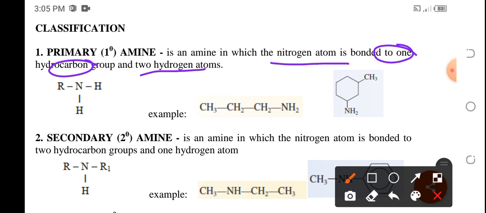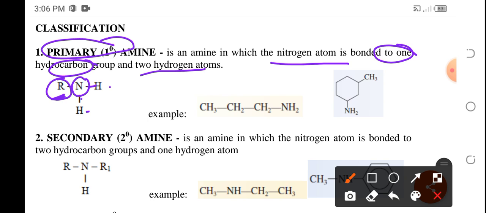So always focus on the nitrogen. For it to be a primary amine, there is one hydrocarbon, or a series of carbon atoms, attached to it, and at least two hydrogens. Always bear in mind that the bond requirement for nitrogen is 3, unlike carbon, which is 4, and hydrogen, which is 1.